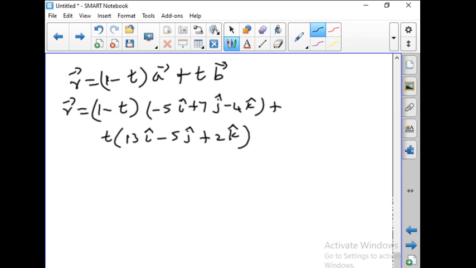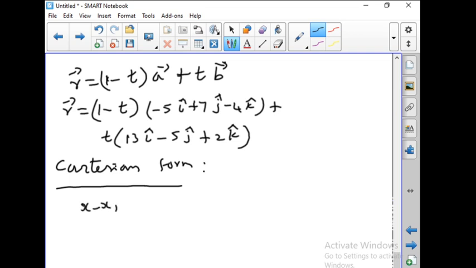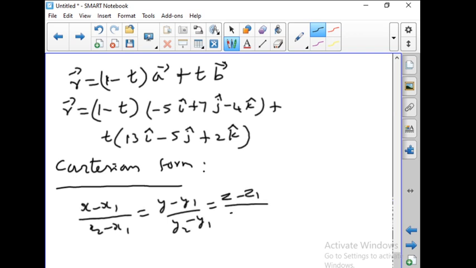Then what about the Cartesian form? So Cartesian form is (x minus x1) by (x2 minus x1) is equal to (y minus y1) by (y2 minus y1) is equal to (z minus z1) by (z2 minus z1).